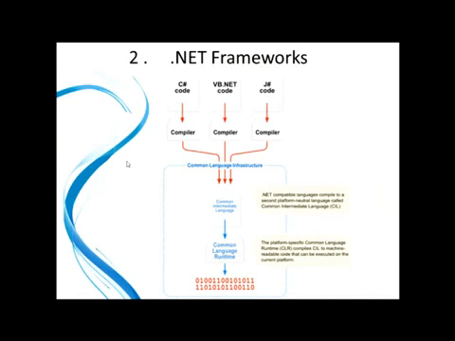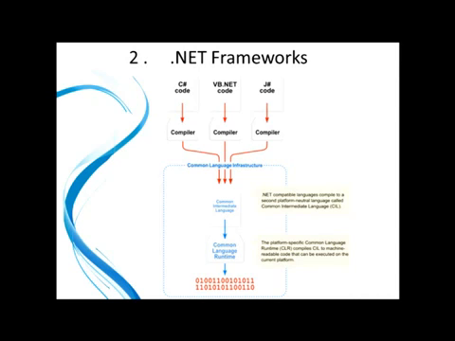Okay, this slide looks at the intermediate language concept. It really breaks it down for us, and it shows that the power of it is that you can have all these different languages compiled down into a single intermediate language.